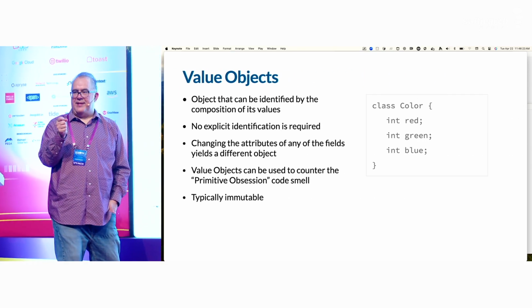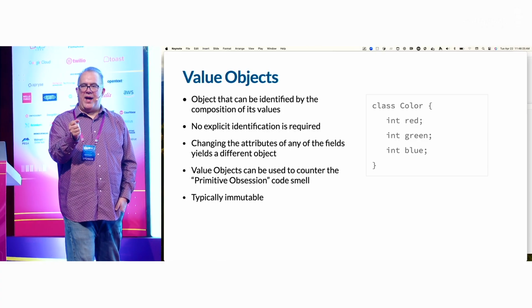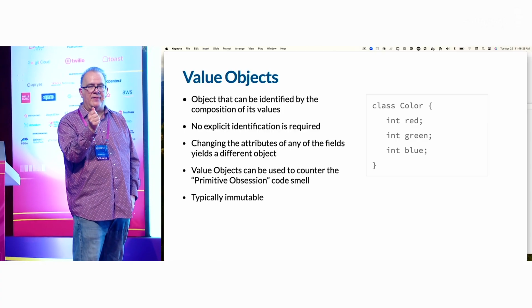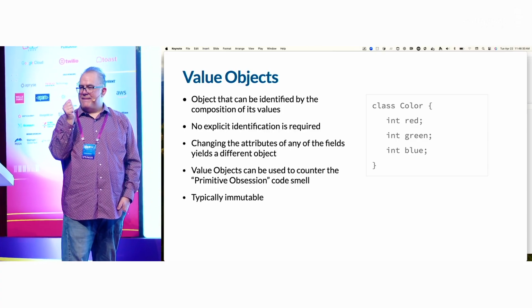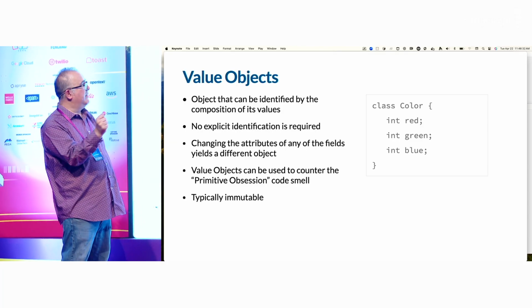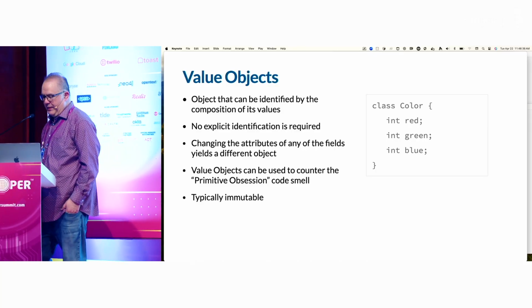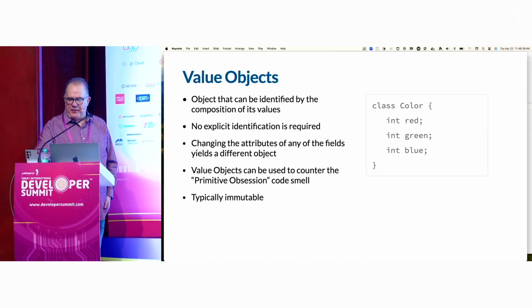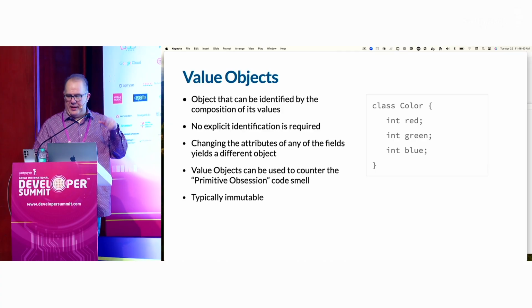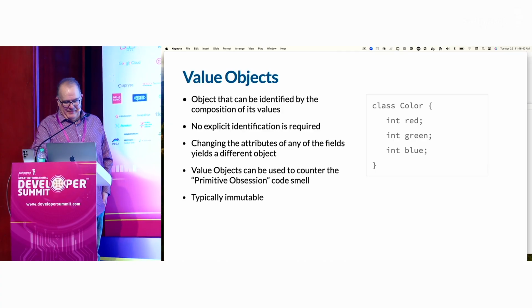Value objects, yes. Okay. Value objects do not have identity. Big point, right? Color, red, green, and blue. One of my favorite projects, and I do a lot of Scala. There's a project called Squants, but it's fantastic.